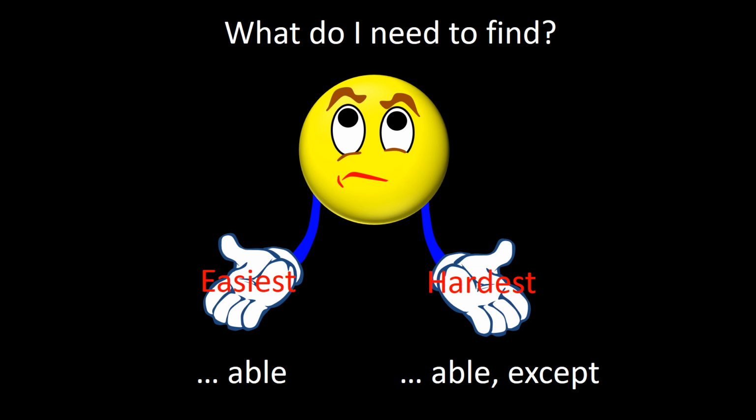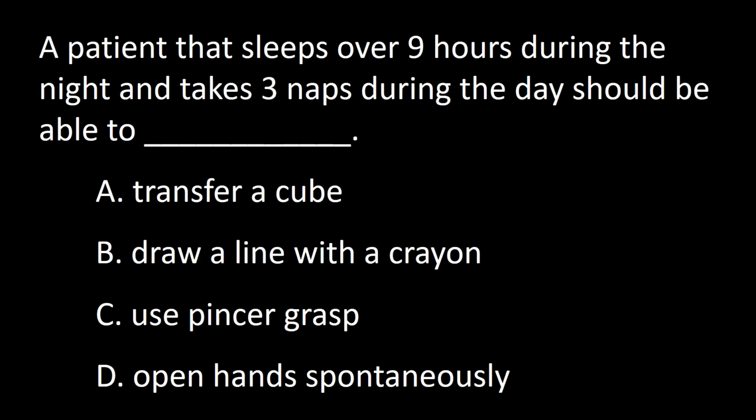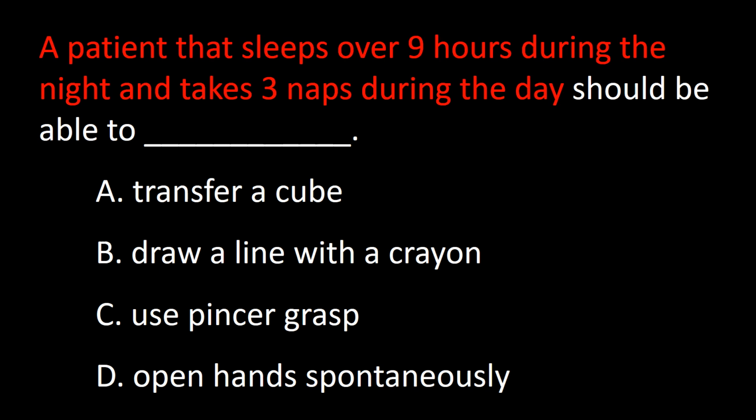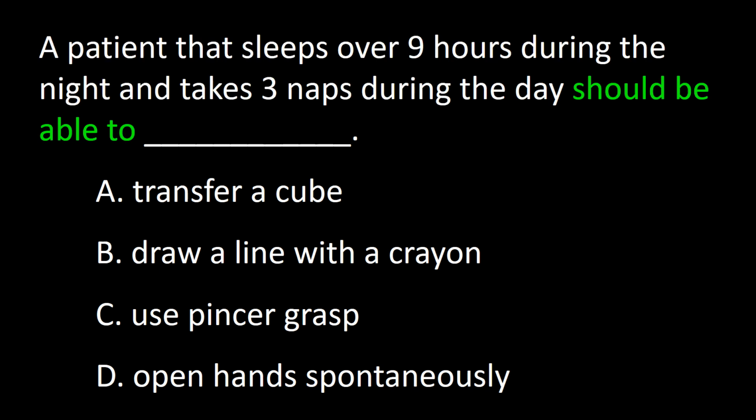The second step in this situation is to decide whether we need to select the easiest or the hardest action to perform. So we look at the stem of the question, bypassing all the writing in red and just focus on the word able, not followed by except, as you can see here.